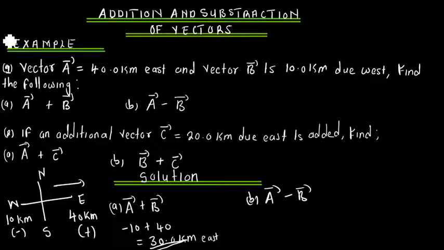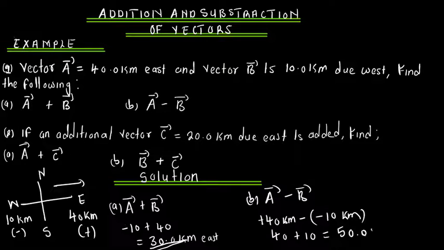In this case, we know that A is simply 40 kilometers minus B, we know that is negative 10 kilometers. So this is going to be 40 plus 10. And of course, we have 50.0 kilometers. The biggest number takes position, so this is going to be east.